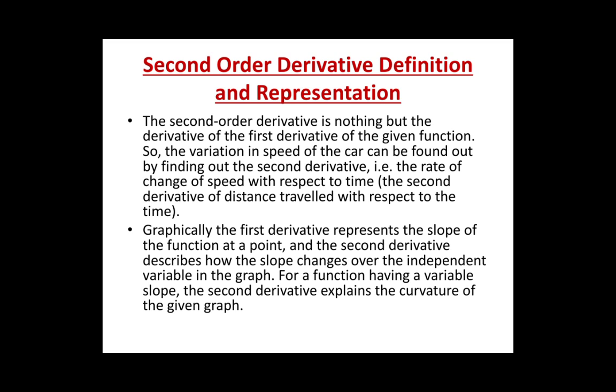Graphically, the first derivative represents the slope of the function at a point, and the second derivative describes how the slope changes over the independent variable in the graph. So for a function having a variable slope, the second derivative explains the curvature of the given graph.